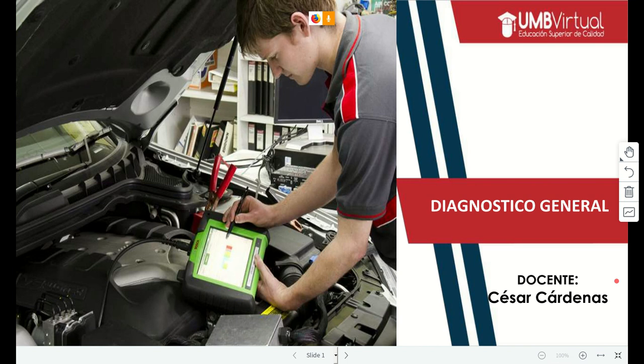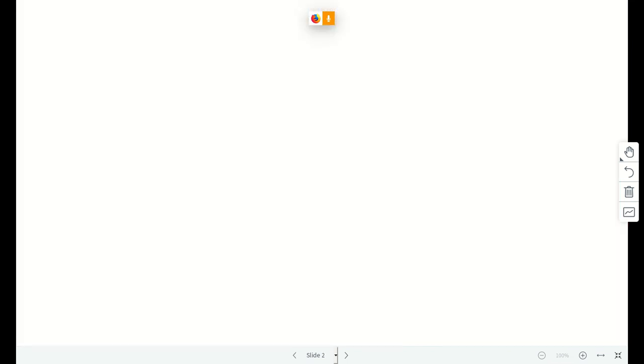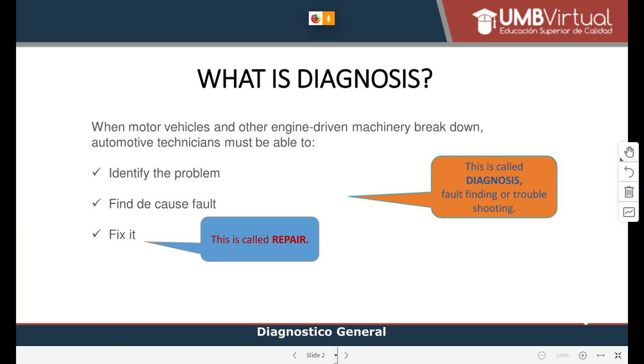Each dealer, dealership, workshop or independent shop has to handle their own OEM manuals, or original equipment manufacturer manuals, and turn to these kinds of manuals to be able to do some troubleshooting, depending on the brand they work on. So we're going to start by talking about general concepts of diagnosis, based on my own experience working out there in the field.